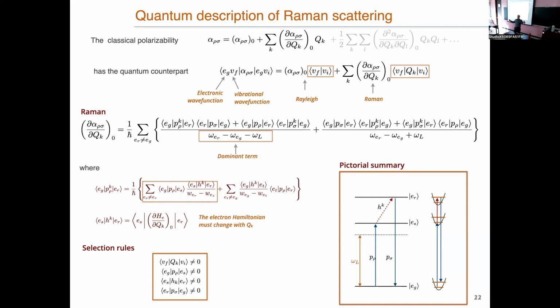So the polarization of the material will be at different frequencies, close to that of the laser, but separated by frequencies related to the material's excitations. So Raman spectroscopy will allow us to measure the frequency of the phonon polaritons that are modulating the polarizability.